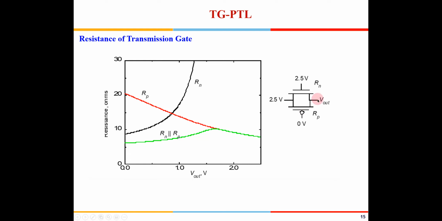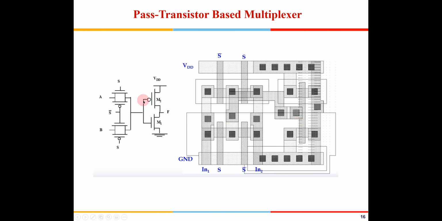But it will not get cut off, so the PMOS resistance is going to remain like this. So the net resistance is going to come like this. That is the reason we use a combination of NMOS and PMOS.